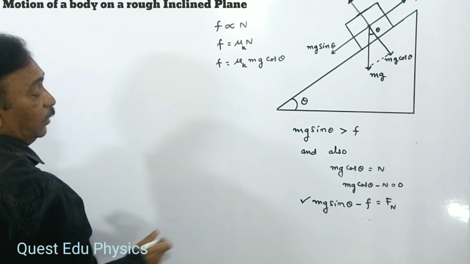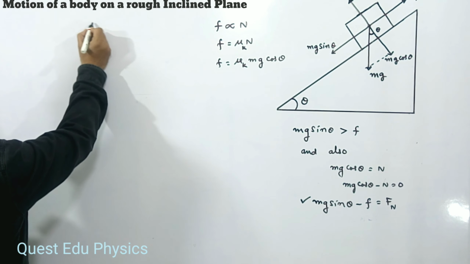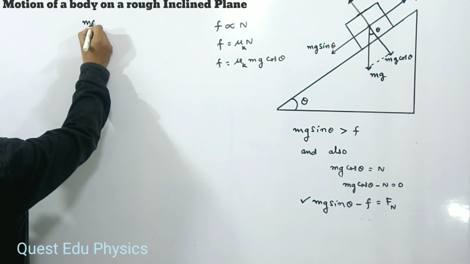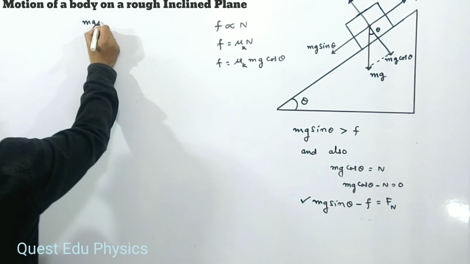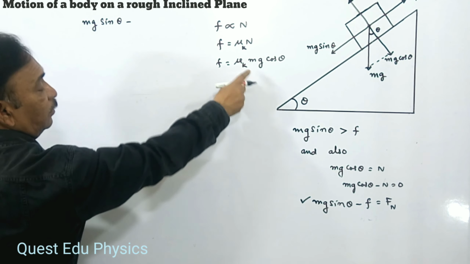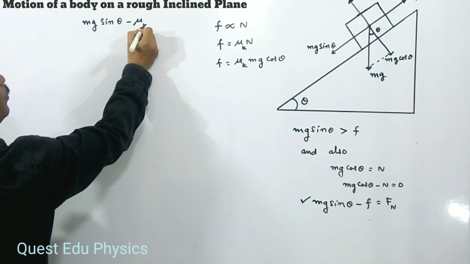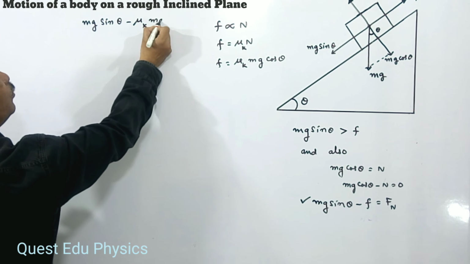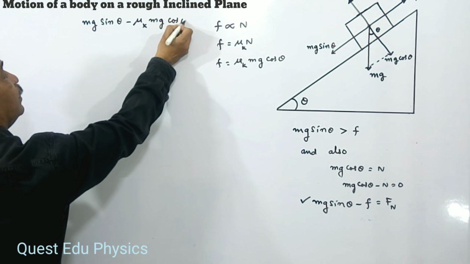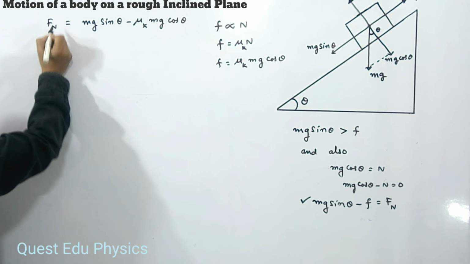I am substituting that value and rewriting the equation as mg sin theta minus mu k mg cos theta is equal to the net force.